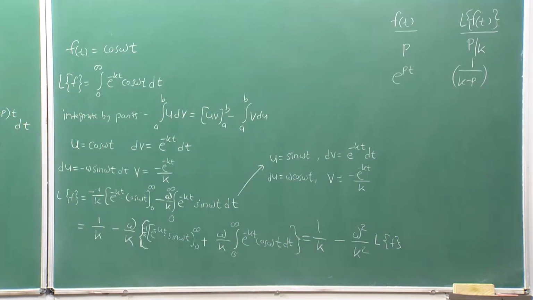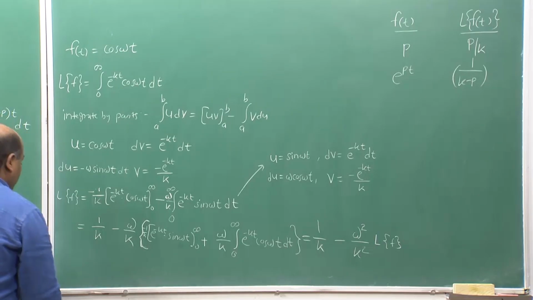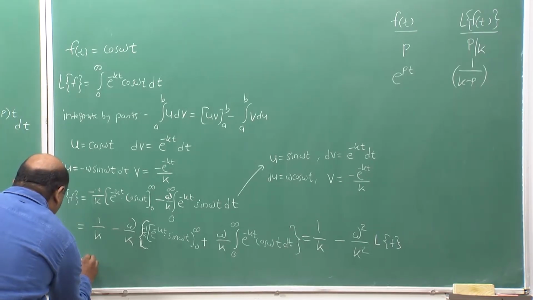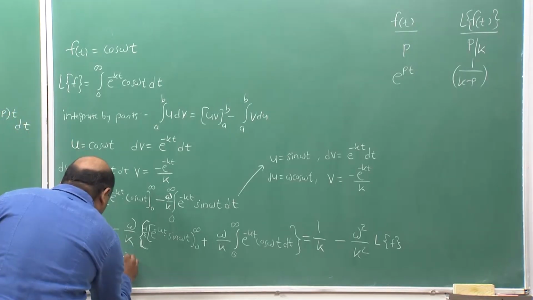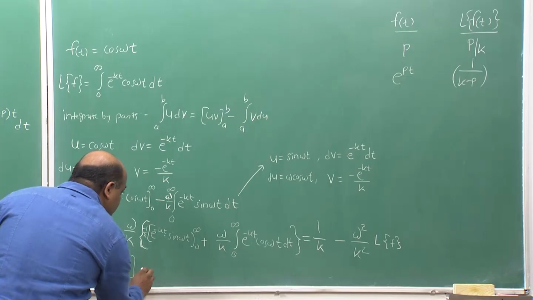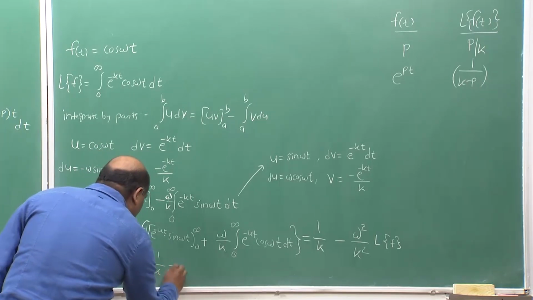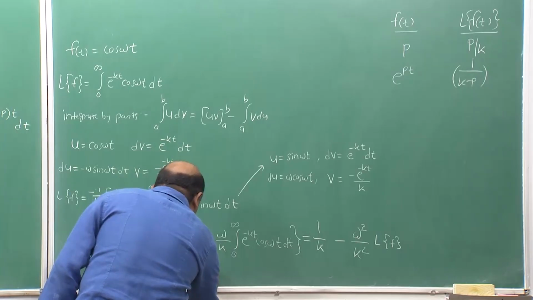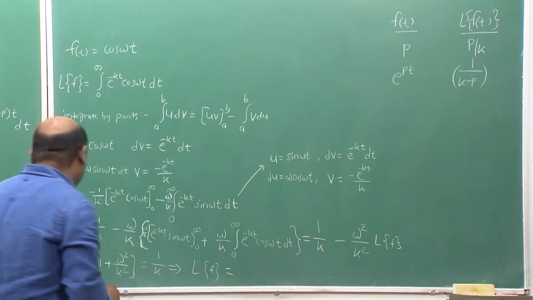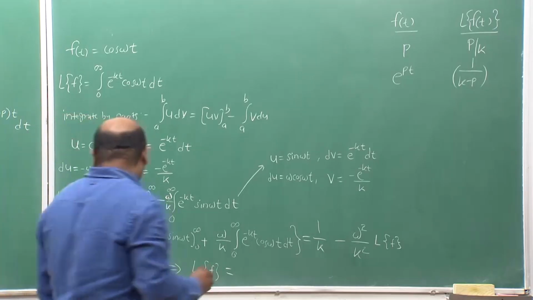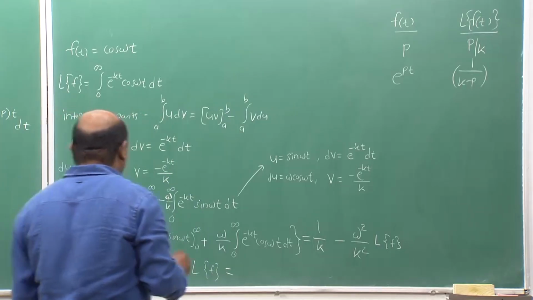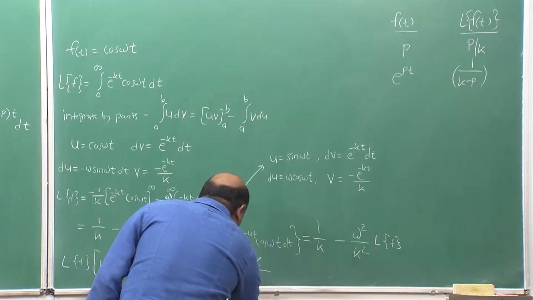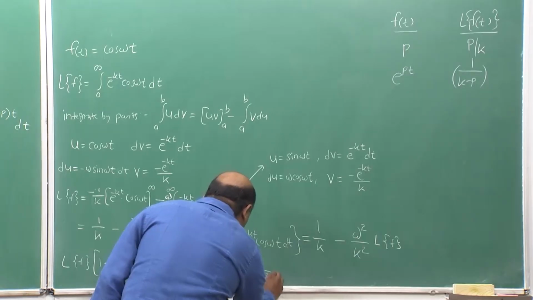So, if we take L of f common on this side, we get L of f times 1 plus omega square by k square is equal to 1 by k, and so I get the Laplace transform of f equal to k over k square plus omega square.